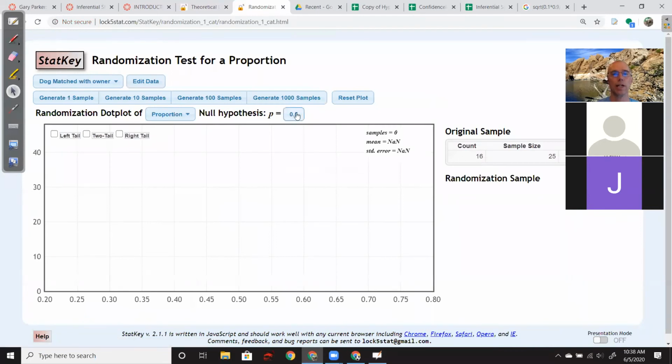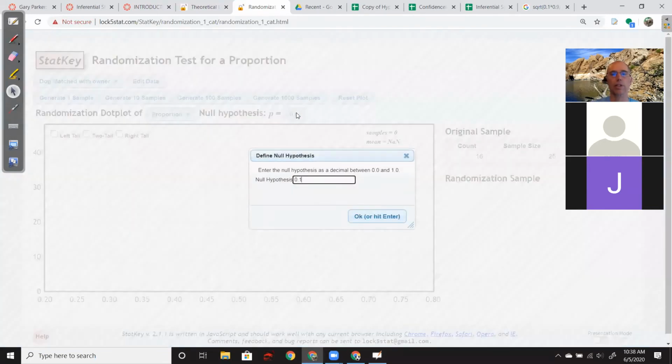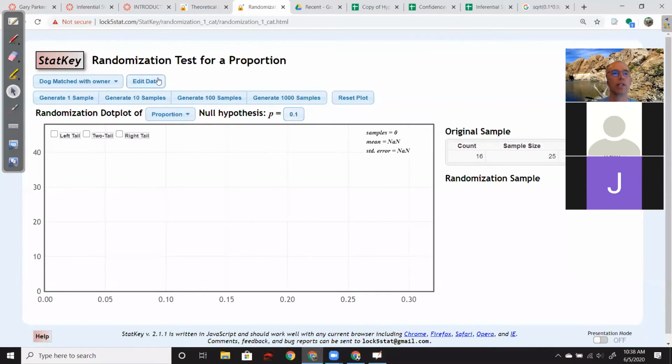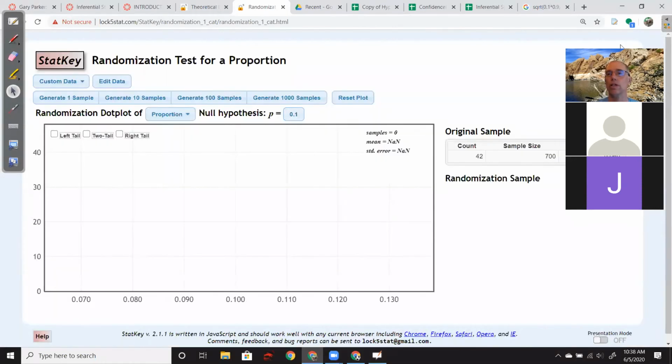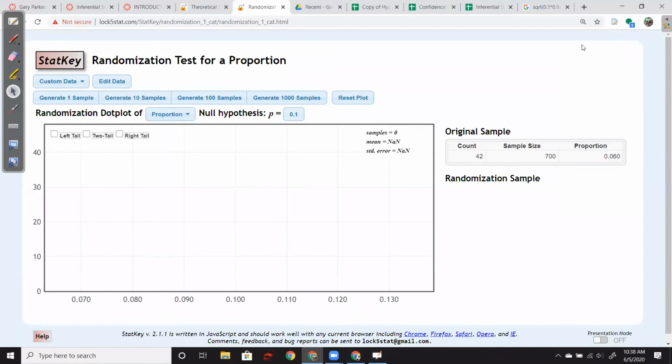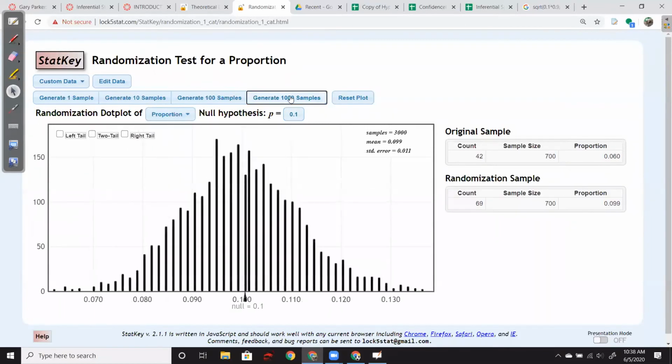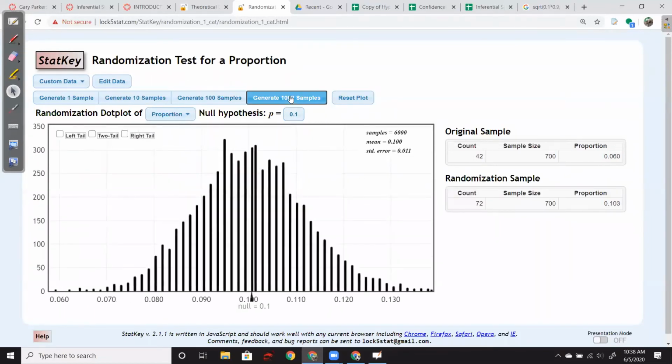And in this case, I have to set the null hypothesis, and then I have to set the sample data, and that was a count of 42 out of 700 is what we figured. And then over here, that should show me the 6% if I did it right. And then I just start generating thousands of samples.